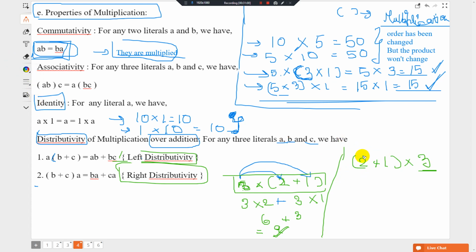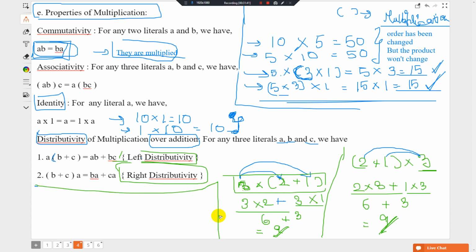We multiply 2 into 3 plus 1 into 3. The order changes, but the answer won't change. So 6 plus 3, which gives the same answer 9, right?